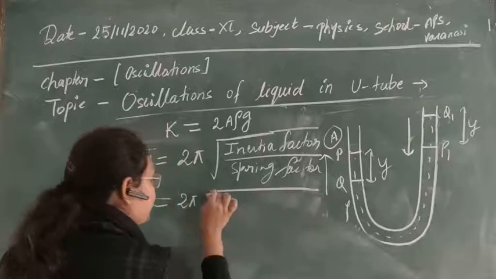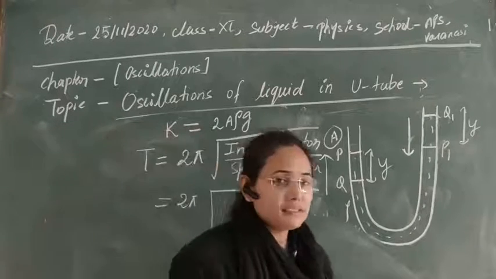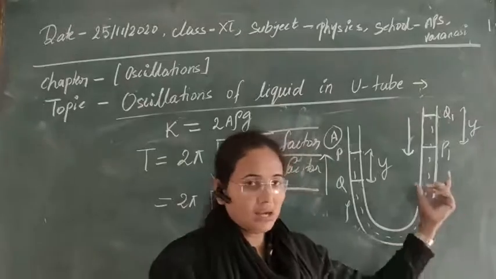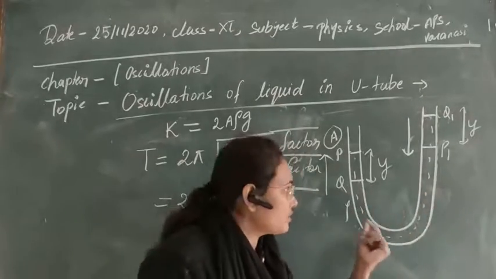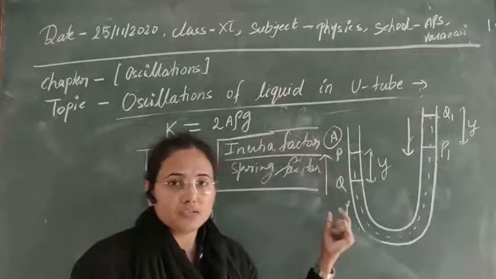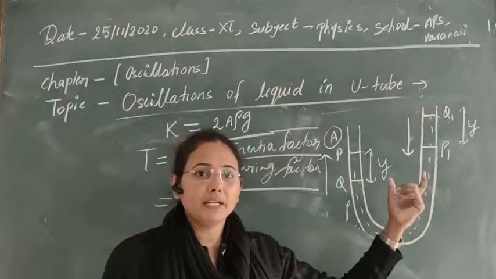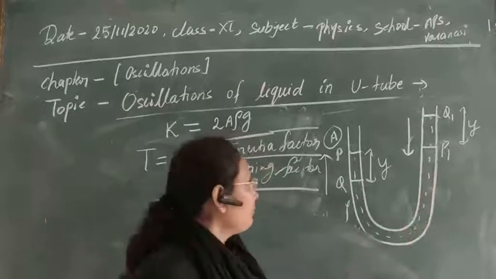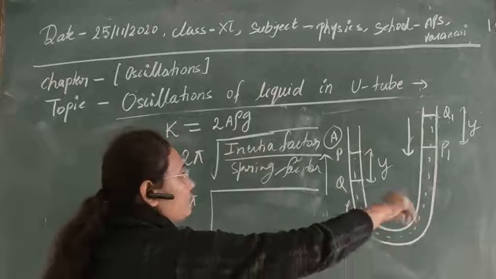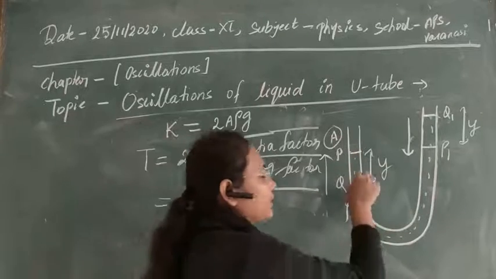So what is the inertia factor in this case? The inertia factor is the mass here, as it is oscillating in a linear way, so mass plays the role of the inertia factor here. So what is the mass of the liquid column that is oscillating? Already I have told you.